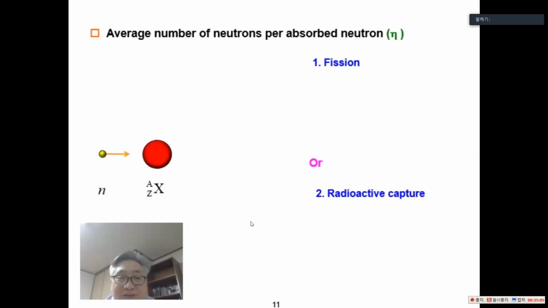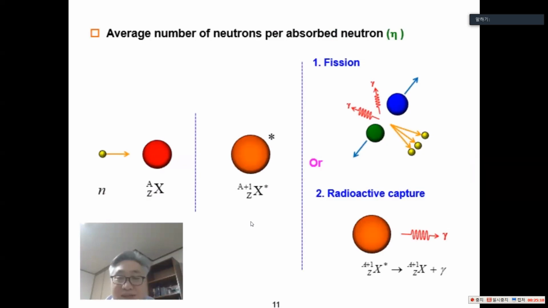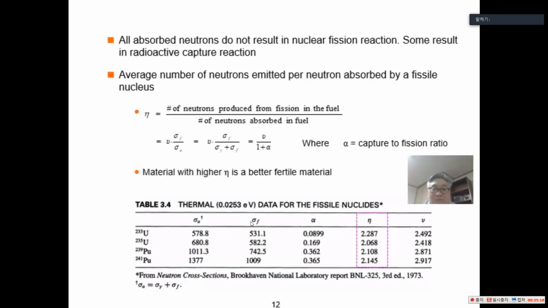Now, a neutron undergoes fission, and sometimes instead it goes into radioactive capture. As you know, look at this expression: eta is the number of neutrons produced from fission in the reaction divided by the number of neutrons absorbed in the fuel.